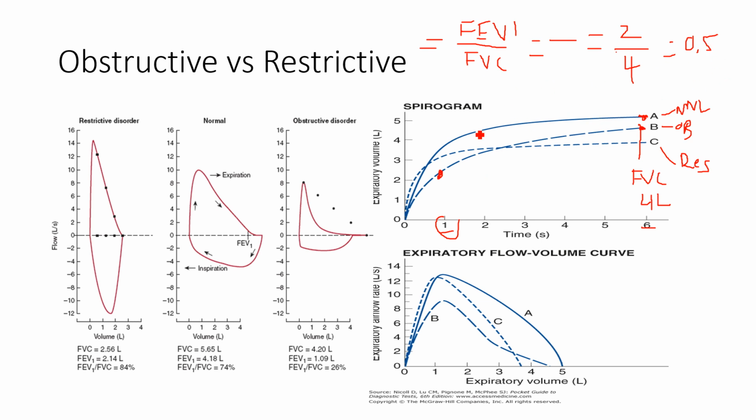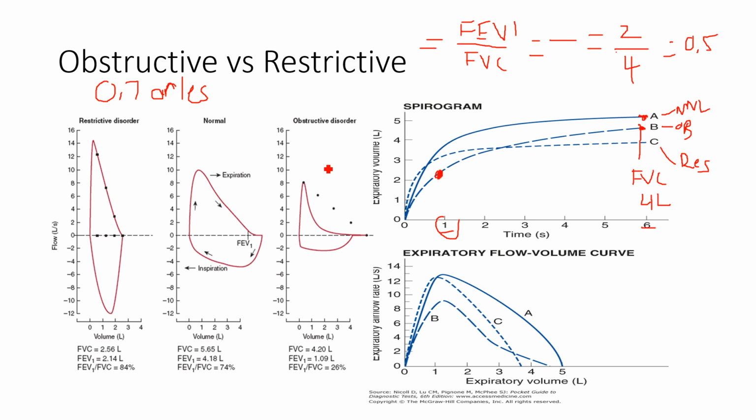In an obstructive defect, their FEV1 to FVC ratio is typically 0.7 or less. That indicates an obstructive defect, less than 0.7. That's not a good sign. So again, their biggest reduction is at that first second.